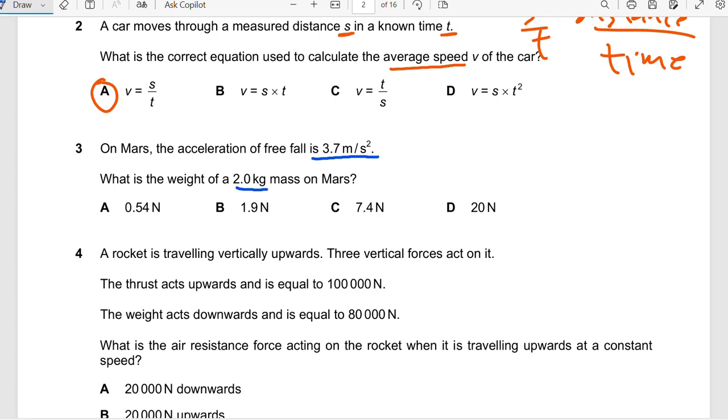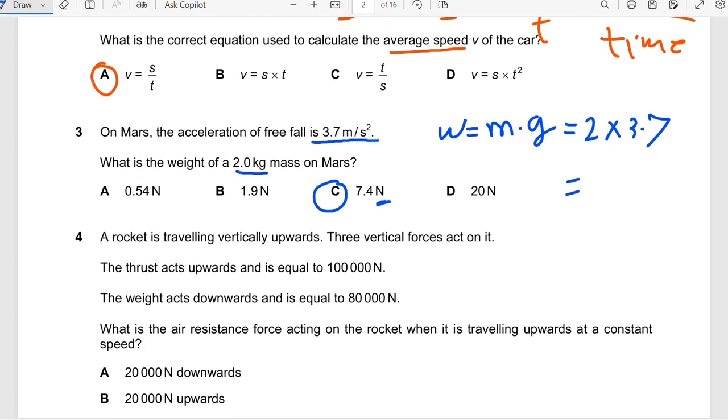We all know that weight equals mass multiplied by gravity constant or acceleration of free fall, which is going to be 2 times 3.7. If you use your calculator, you will get answer C, 7.4. Okay, and of course the unit is Newton because weight is the force of gravity, right?